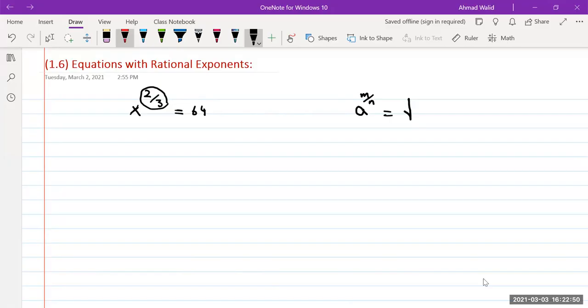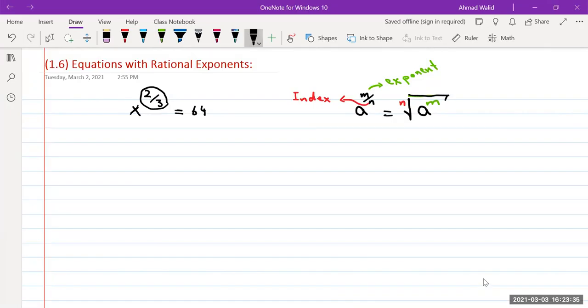Your denominator n is always the index of your radical. Write the n here, the nth root of, then move your number a under the radical, and m becomes the exponent under the radical. It will be the nth root of a to the power of m.